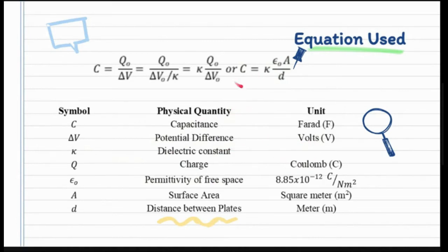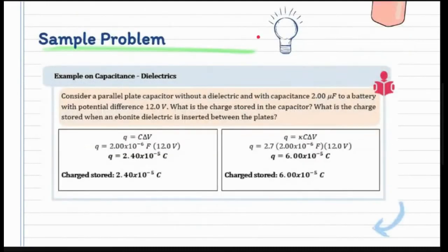Now let's put this equation to the test, and in so doing, we can try this problem. If I have a parallel plate capacitor without a dielectric material, and it has a capacitance of 2 microfarads, connected to a battery with a potential difference of 12 volts, how much charge is stored in the capacitor?